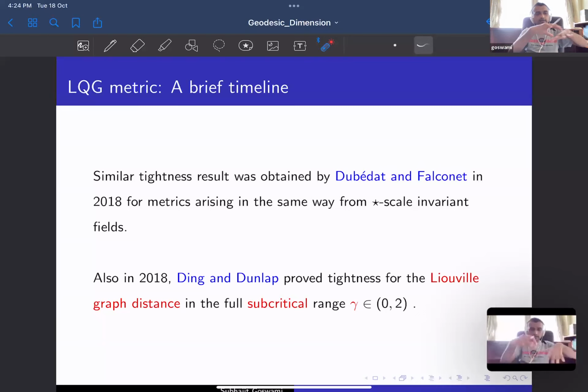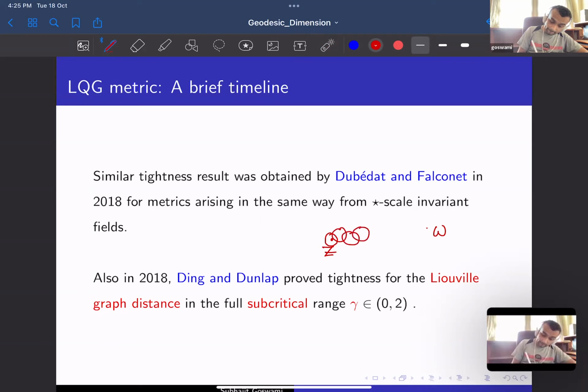Essentially, there is another way you can define a distance if you know the area measure. Take any two points, Z and W, and try to cover the path with balls, so that the LQG area of each of these balls, which has been made sense of, as I told you, is at most some delta.